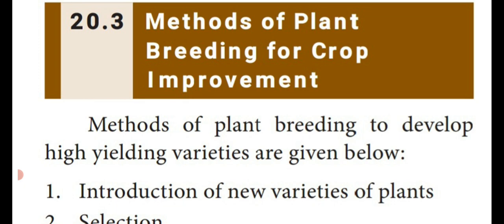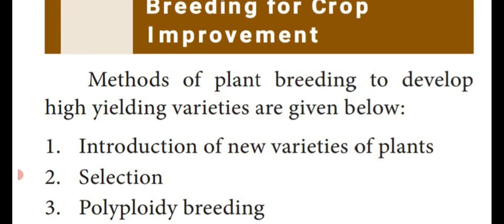That means a plant which is not affected by any kind of disease. Then insect resistant varieties, that means insects do not cause problems in the plant. That is said to be a branch known as plant breeding. In that branch, we are going to see the different methods of crop improvement.